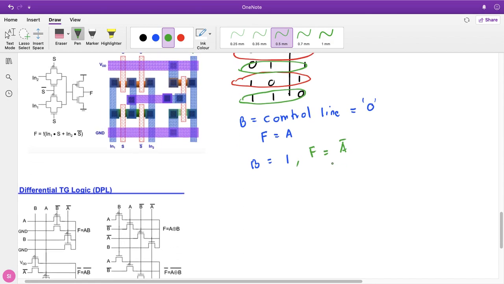So using the pass transistor logic with NMOS, you can claim that one is B bar and another one is A bar.